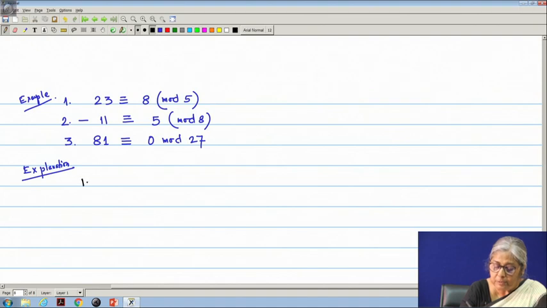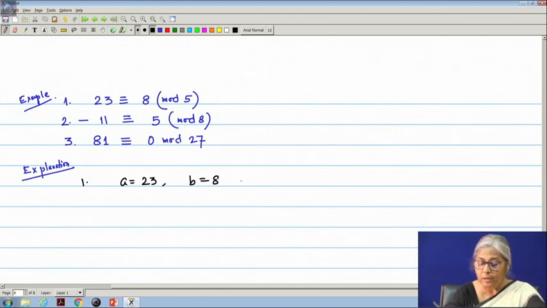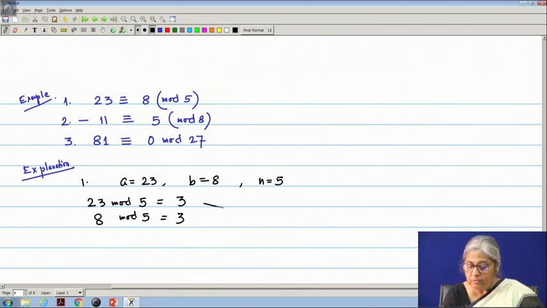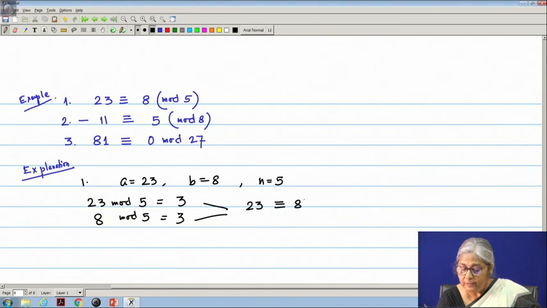Number 1 explanation: A equal to 23, B equal to 8 and n is 5. What we see is that 23 modulo 5 is 3 and 8 modulo 5 is 3. So, from here I can write that 23 is congruent to 8 modulo 5.